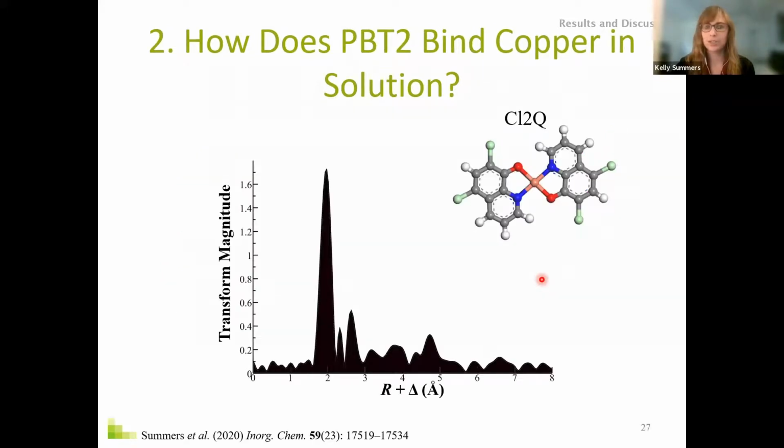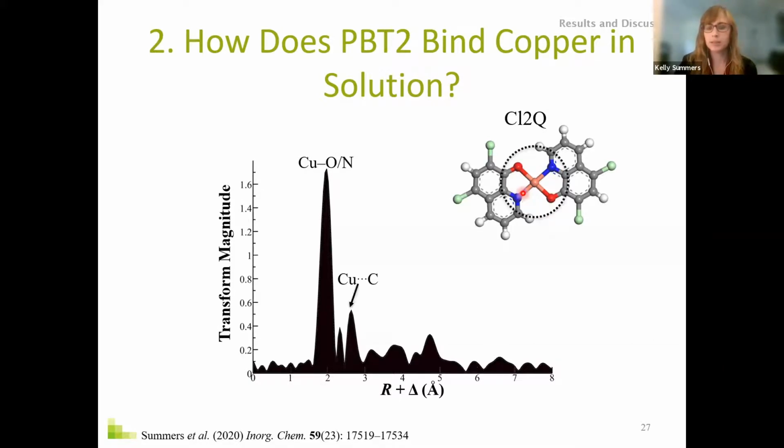So our question of how do 8-hydroxyquinolines bind copper really turned into a question of how does PBT2 bind copper in solution. We started with a dichlorinated version of 8-hydroxyquinoline, which is arguably a precursor to PBT2. It has 2 chlorine substituents in the 5 and 7 positions. You can see here, this first peak in the Fourier transform corresponds to single scattering to the oxygen and nitrogen ligands, which appear at roughly the same distance.